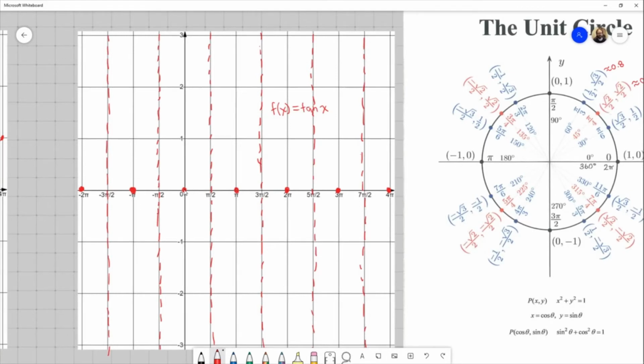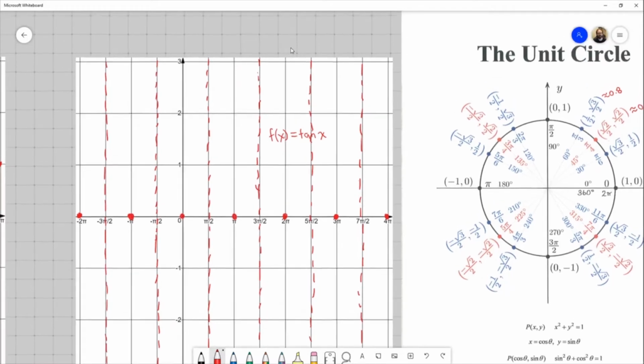All right. As I move from x equals 0 to x equals pi over 2, the input, we start at 0, and then we're looking at what happens as I get closer and closer to pi over 2. So we're thinking about when this is the notation here, as x gets closer to pi over 2 with x less than pi over 2.